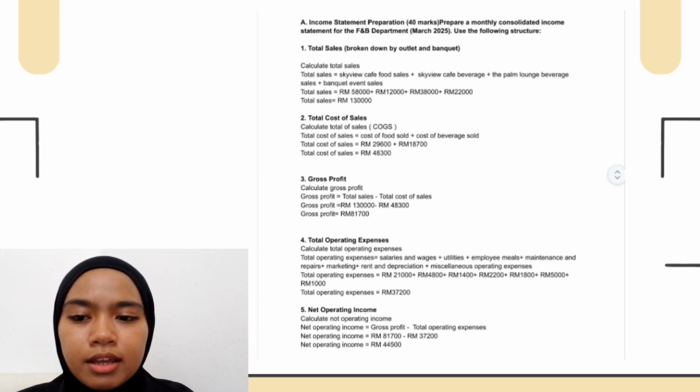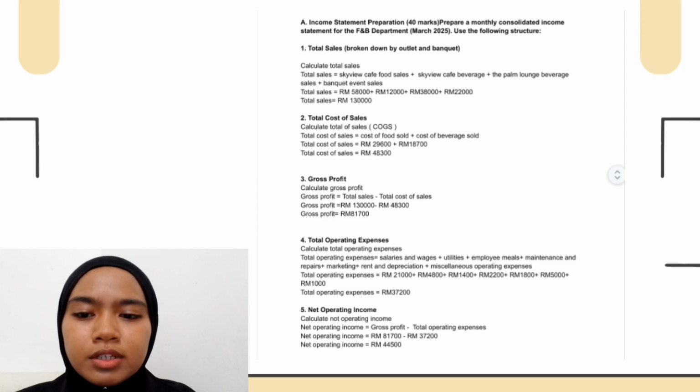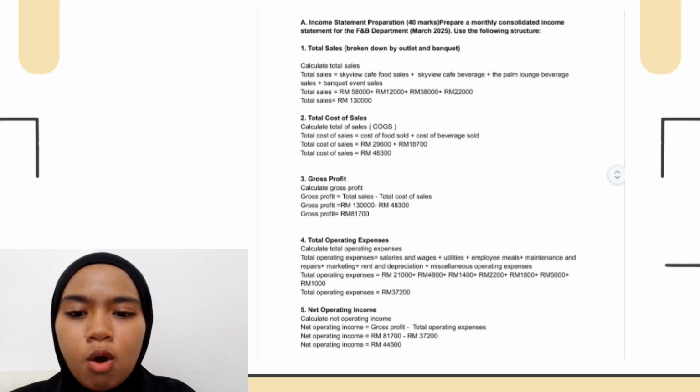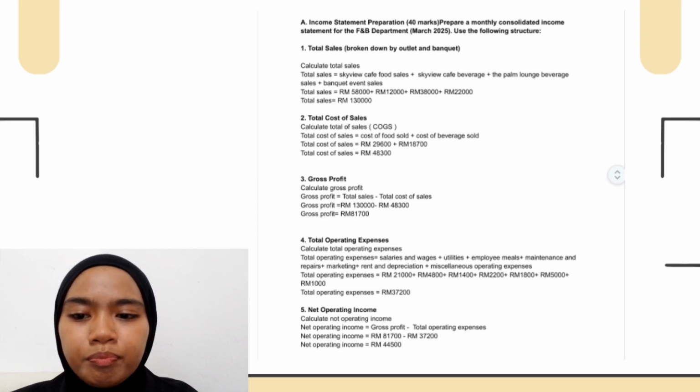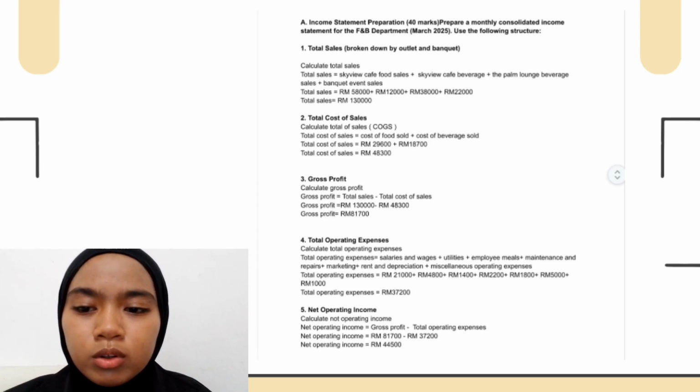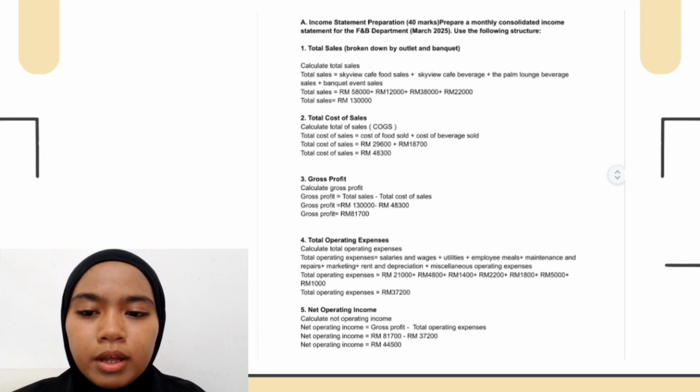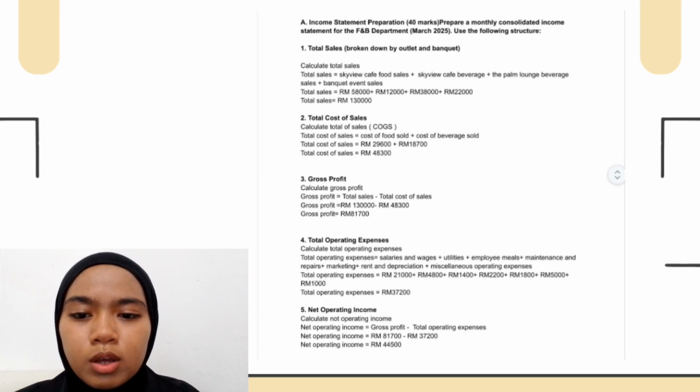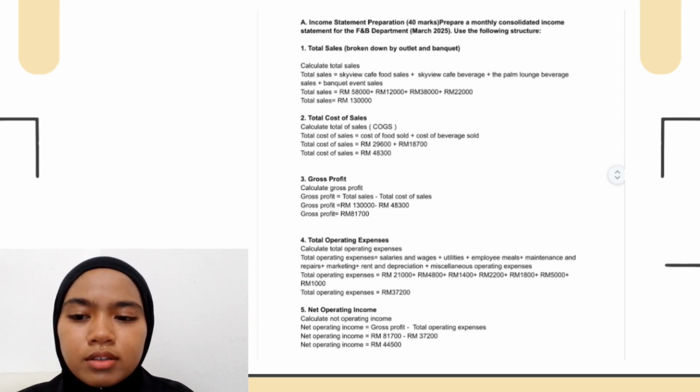For number 4, total operating expenses is salary and wages plus utility plus employee meal plus maintenance and repair plus marketing plus rent and depreciation plus miscellaneous operating expenses. The answer is 21,000 plus 4,800 plus 1,400 plus 2,200 plus 1,800 plus 5,000 plus 100.